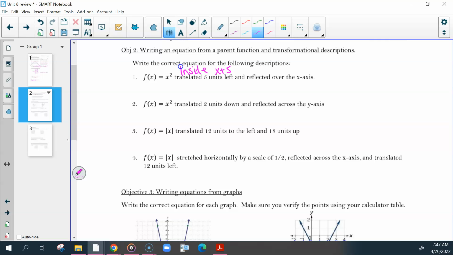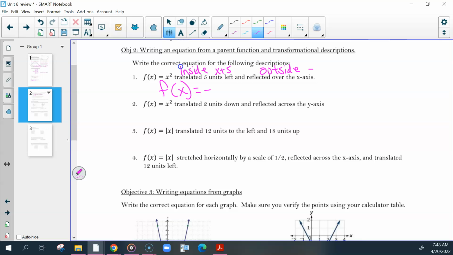Reflected over the x-axis is a vertical thing, something on the outside. That means you would have a negative outside of the function. When you write these, it doesn't matter if you write y equals or f of x equals, either is fine. f of x equals, the outside negative would come first.